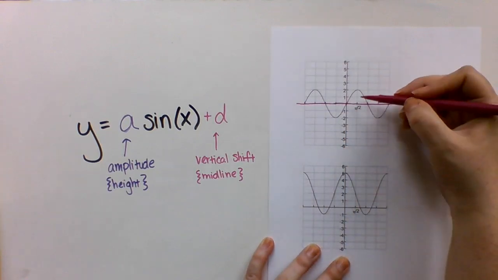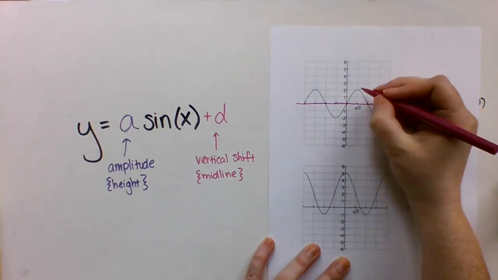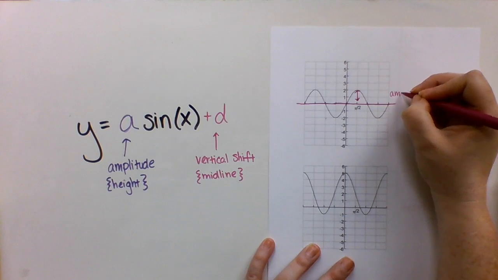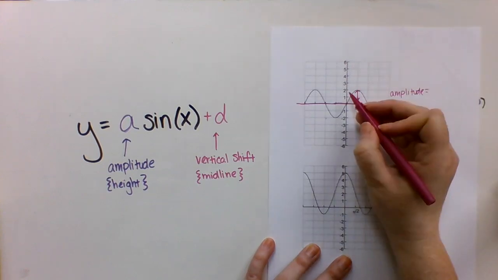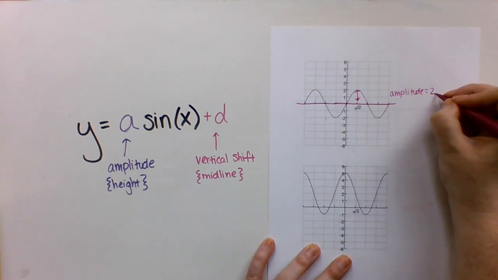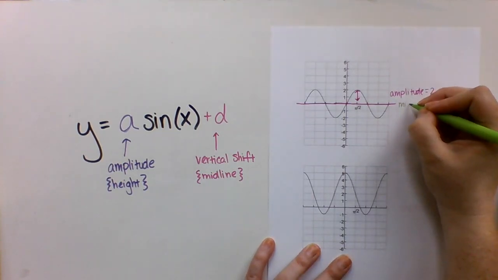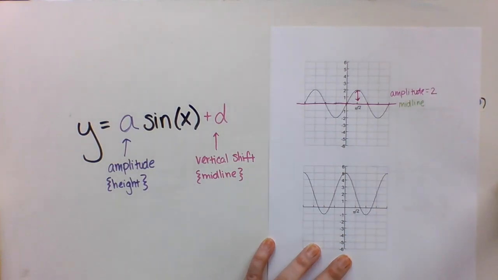It cuts my graph equally. Both the top bumps and the bottom bumps are the same size. So then the amplitude is this distance. And if I count how many units that is, 2 units. So the amplitude is 2. The midline is right here at 0, so I don't really have to worry about that.